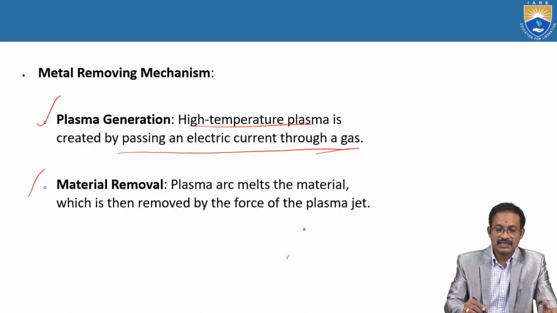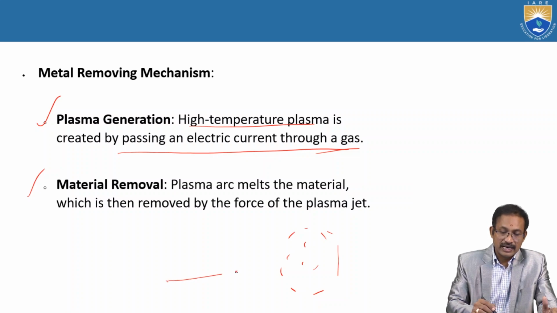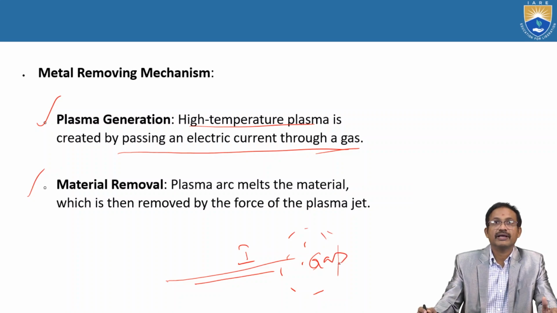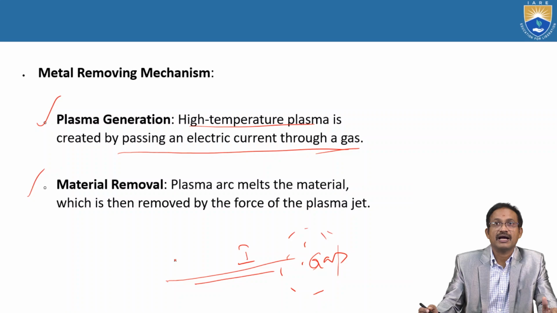Let us say here is the gas, and we are passing an electric current, so plasma will be generated. Why high temperature? Because when an electric current passes through the gas, the plasma will be at high temperature.